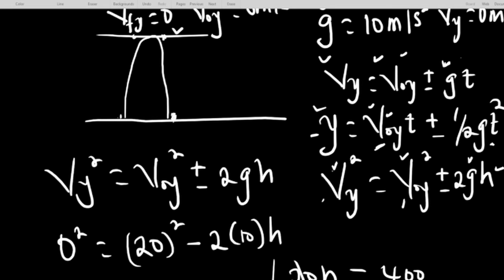So we use the second equation of motion, y equals v naught y t plus or minus half g t squared. Right here, I'm going to take g as positive because the ball is now falling to the ground. So we have our height to be 20.